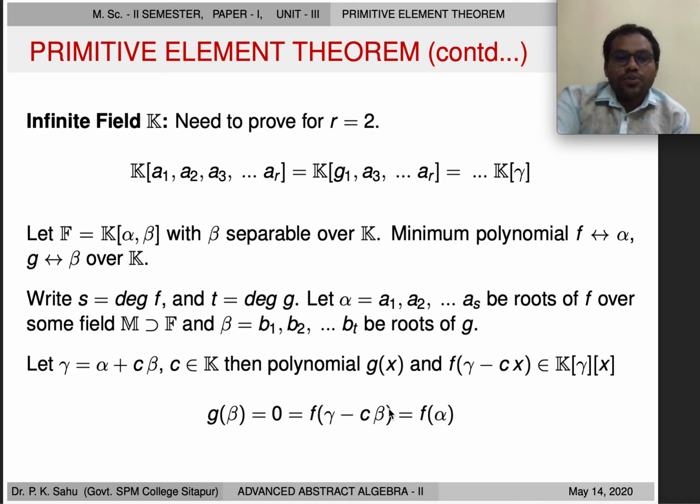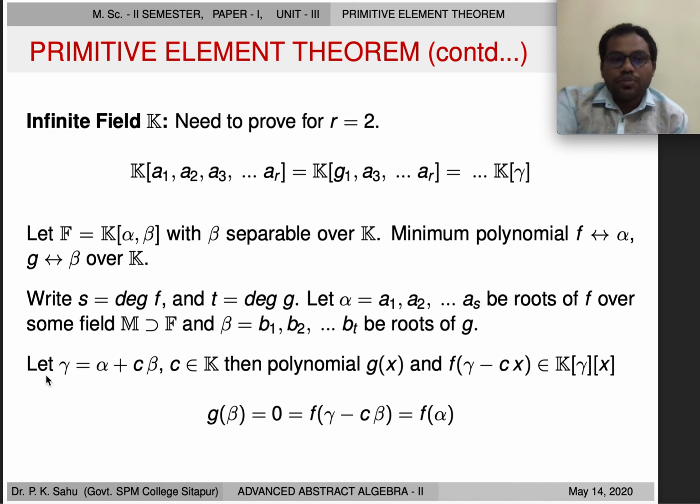Then the polynomial g(x) lies in gamma adjoined to k of x. Why? Because the minimal polynomial g is over k, so g lies in k[x], so it must lie in the larger field, gamma adjoined to k, of x. Now f(x) is a polynomial over k[x].